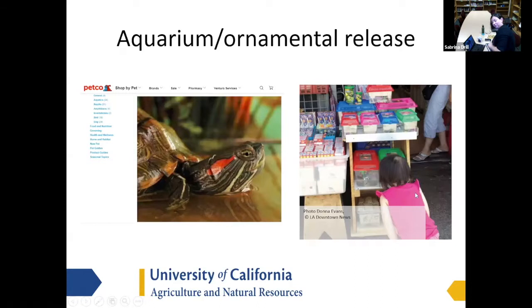This is from LA's Chinatown. I'm sure it's the same in other communities throughout the state. Apparently you can buy them from Petco. And if you want to have a red-eared slider in the tank in your house, that's great, but don't free Nemo or whatever. Don't dump your aquariums.